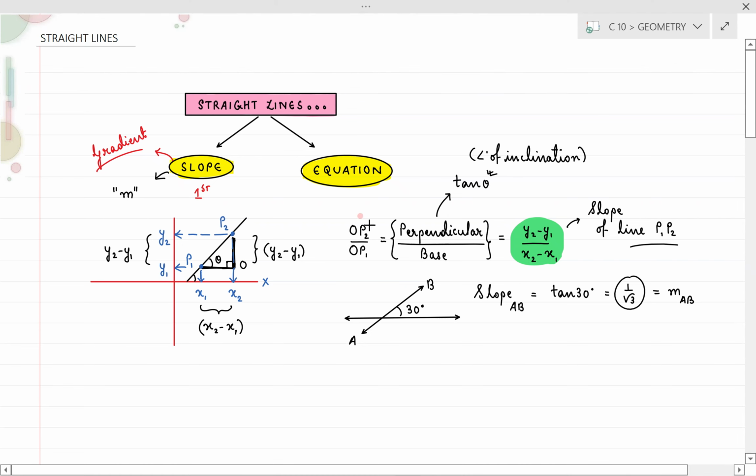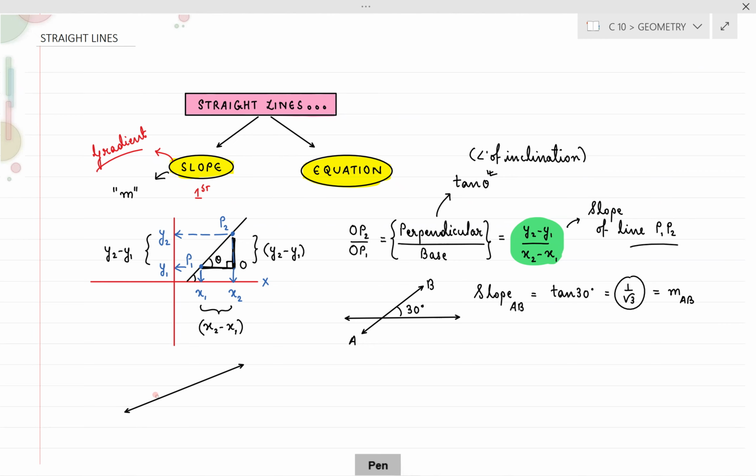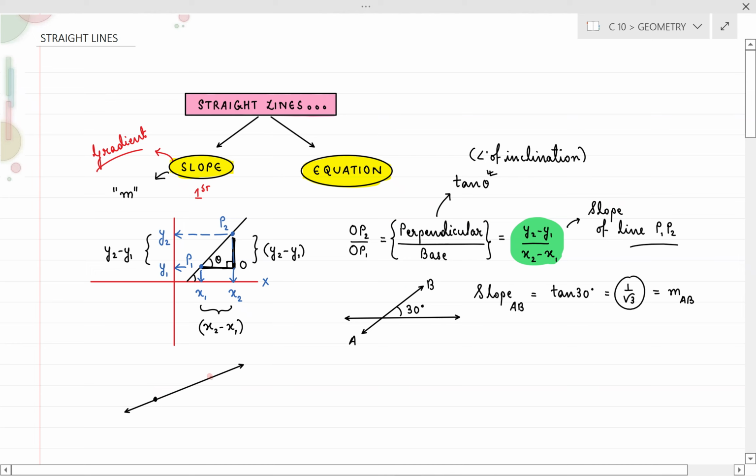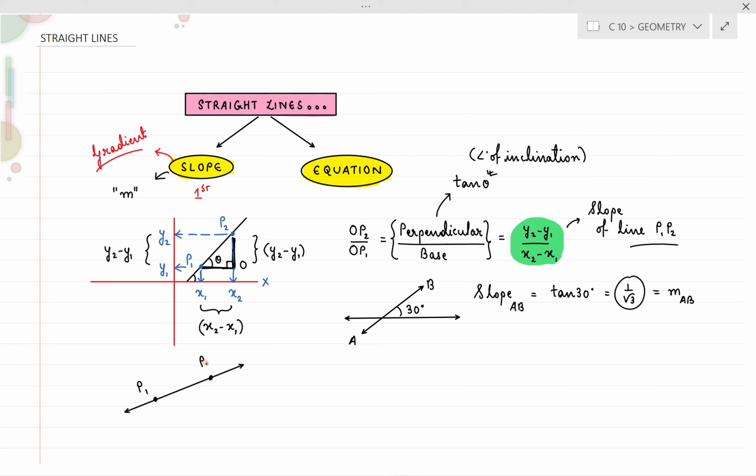Now if two coordinates of a line are known to you, suppose this is a line and it is passing through two different points, point 1 and point 2. Let the coordinates of point 1 be 1 comma minus 1, and point 2 be 2 comma 3.